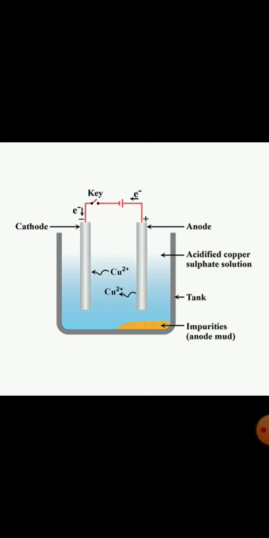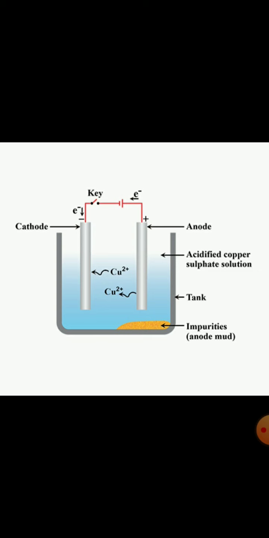So the impurities which are soluble, which means which can be dissolved in water, will go into the solution, and the impurities which are insoluble, which cannot be dissolved, will settle down at the bottom of the anode and are known as anode mud.